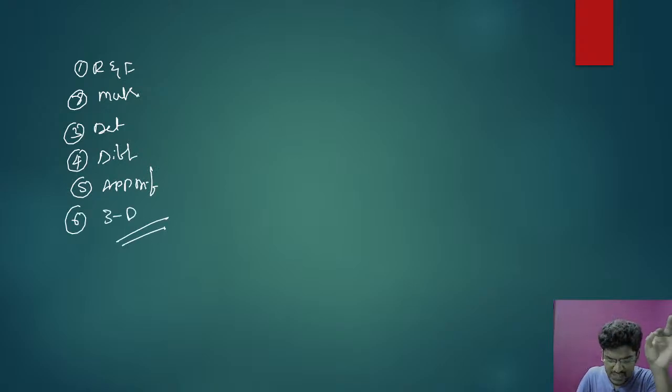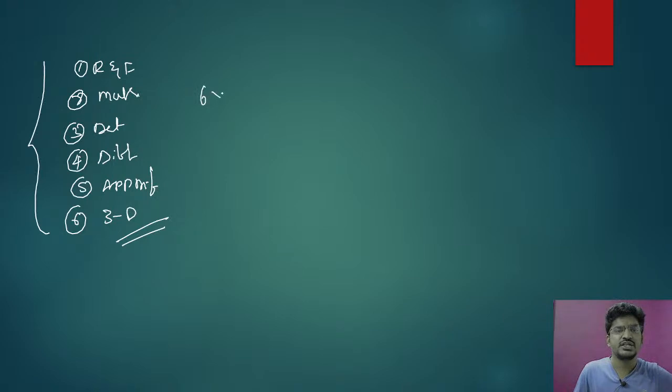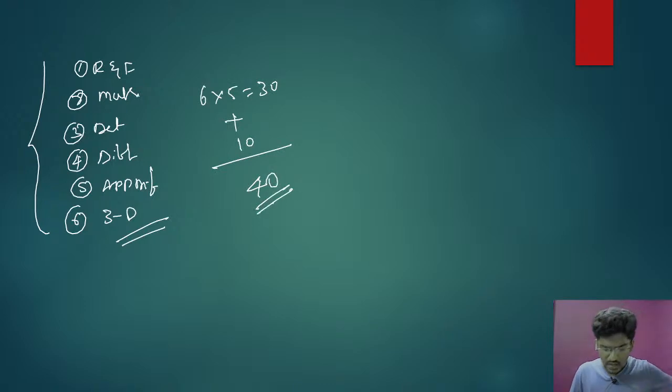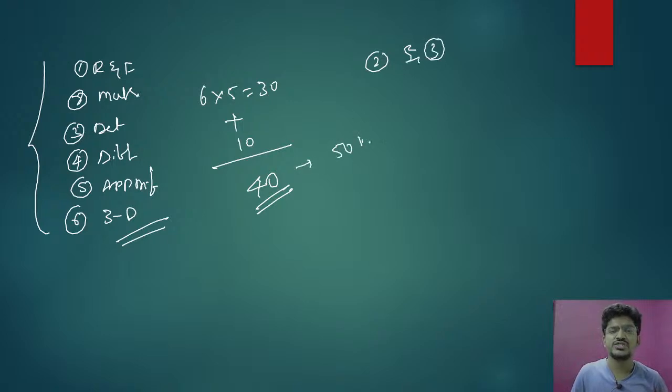These are very simple problems I am going to solve. You can make use of those 6 problems. So 6 into 5 will be 30, plus 10 from part E, it will be 40. Here and there, if you go for 2 and 3 mark problems, you can get nearly 50 to 60 marks in your annual exam.